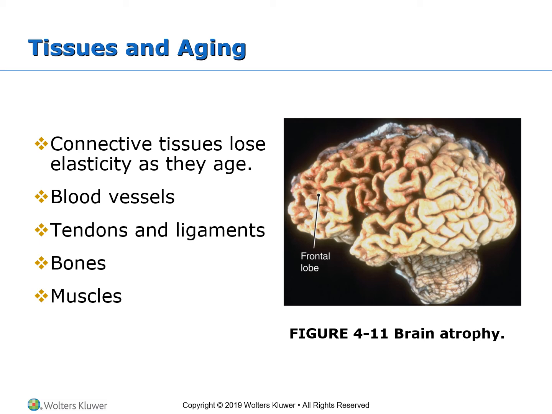We'll have a low metabolism in most of those tissues, and that will be reflected in how they look. Most of the tissues with aging will go through a process that is called atrophy. They will become smaller and more condensed and will lose part of the function that they had before.